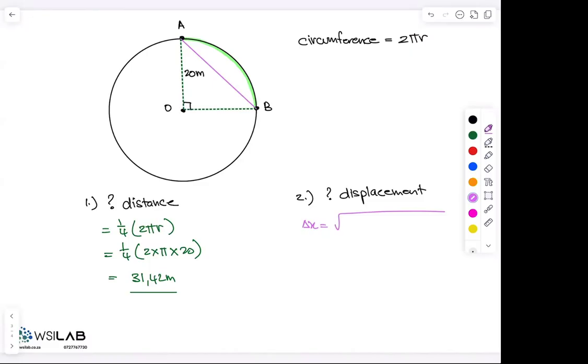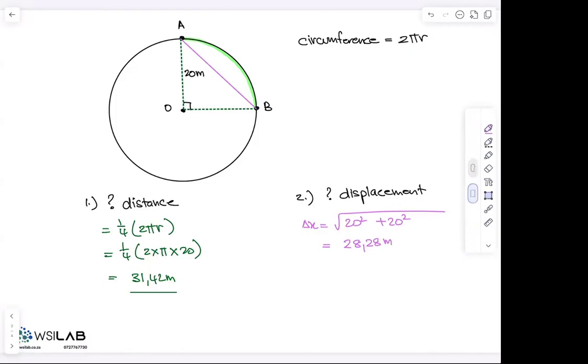Then you take the square root of that, the square root of 800, which equals 28.3 rounded. I get 28.28 meters.